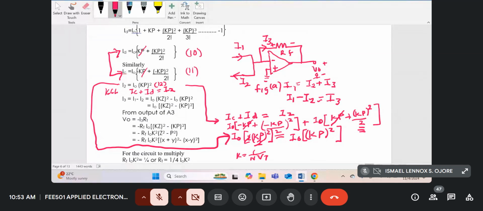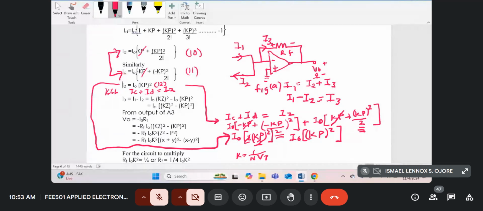I1 flows from the left to the right because the diodes are forward biased in that direction. I2 flows in the opposite direction from right to left because the bottom diodes are biased in the opposite direction.